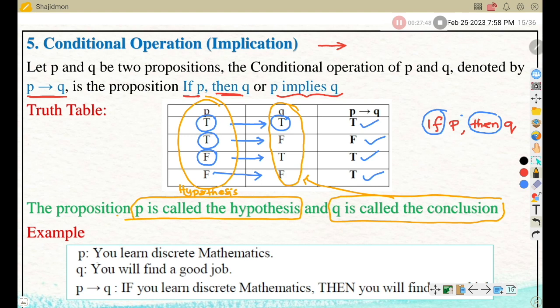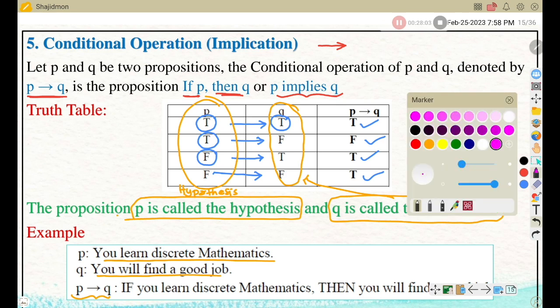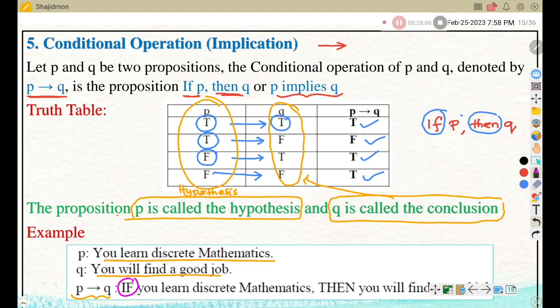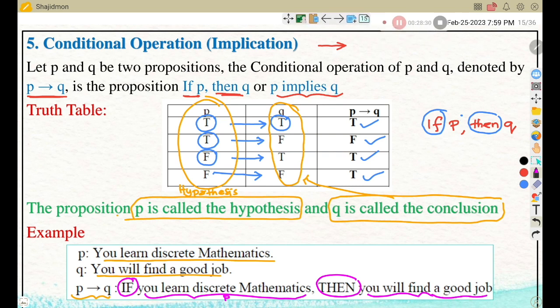Now for example, P means you learn discrete mathematics. Q means you will find a good job. So how do we write the statement P implies Q? As I told you, we put the one-sided arrow mark, which means if and then. So write the P statement, you learn discrete mathematics, comma, then write the Q statement: you will find a good job.